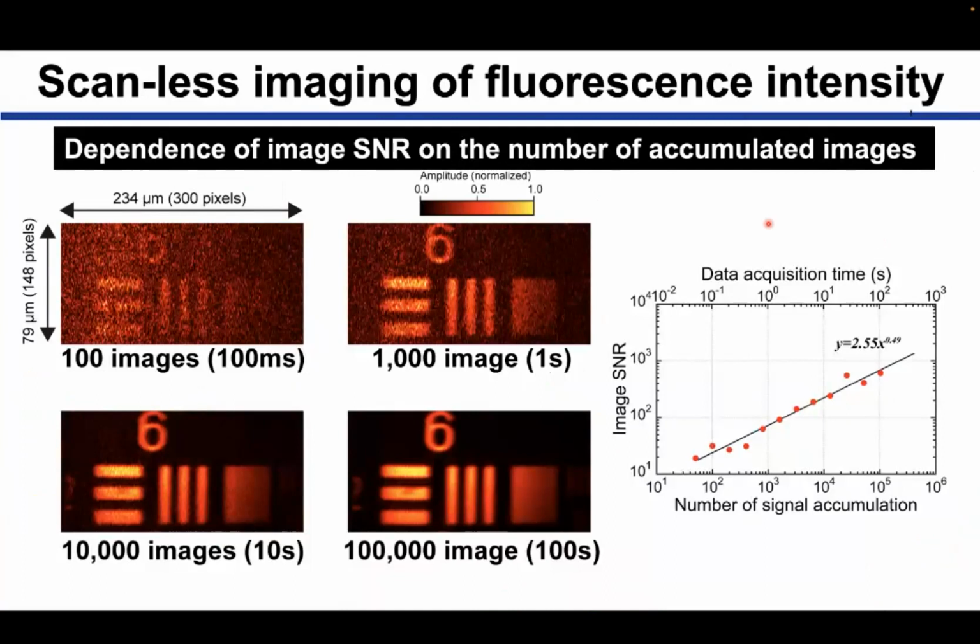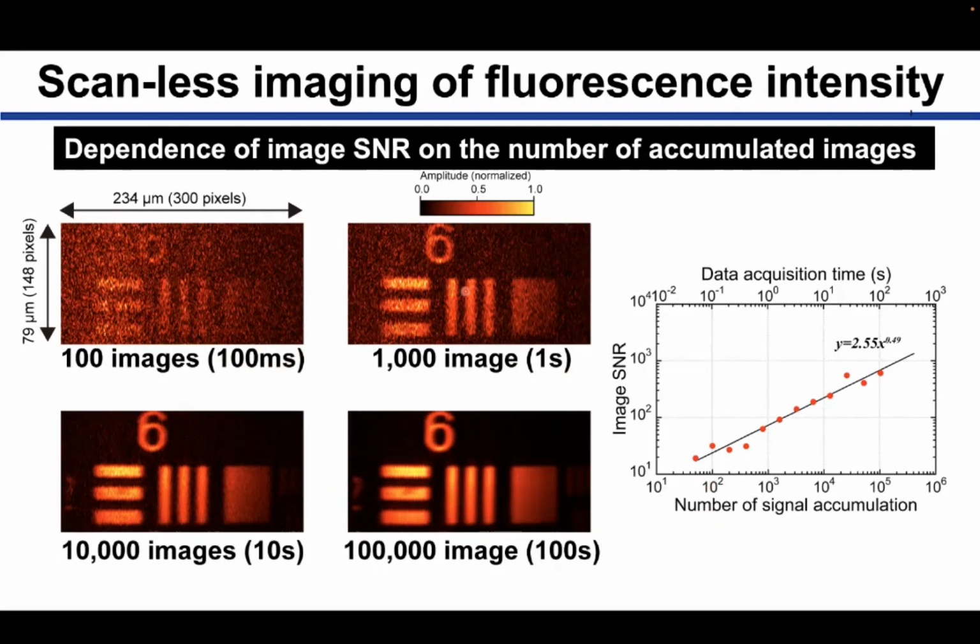We also investigated the dependence of image SNR on the number of accumulated images. Left shows a comparison of the accumulated images with respect to 100, 1,000, 10,000, and 100,000 images, which correspond to data acquisition times of 100 millisecond, 1 second, 10 second, and 100 second.